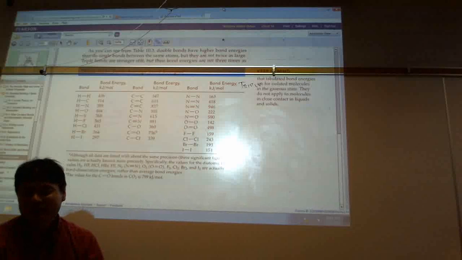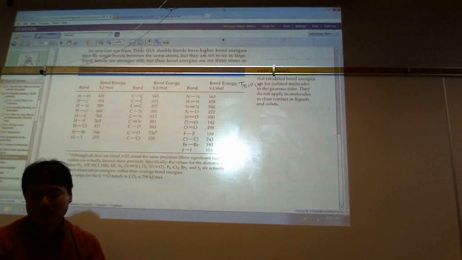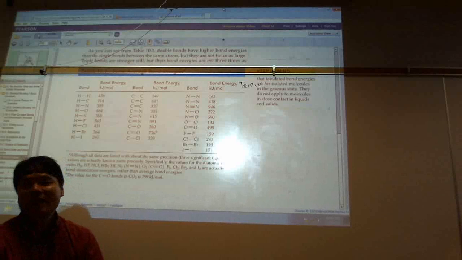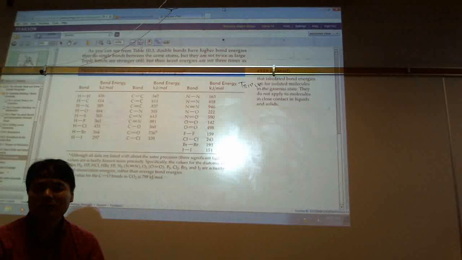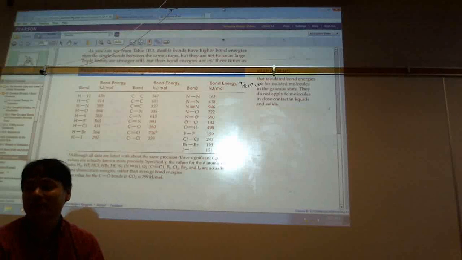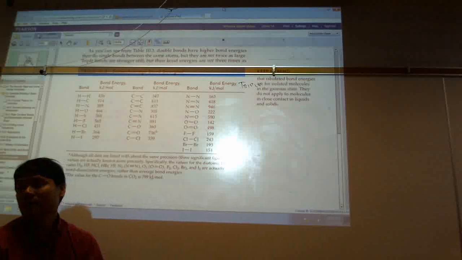And the same thing happens with nitrogen, most likely. Have you heard of an oxygen-oxygen bond? A single bond like this is called a peroxide bond. And one of the properties of peroxides is that they're all unstable. And the reason they're unstable is because of this.